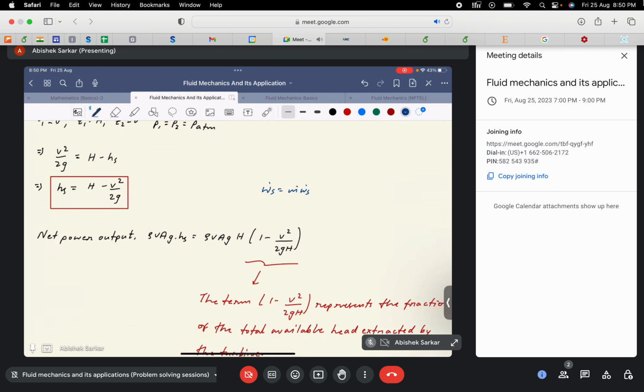So since it was divided by g, it will be m dot g into hs, right?